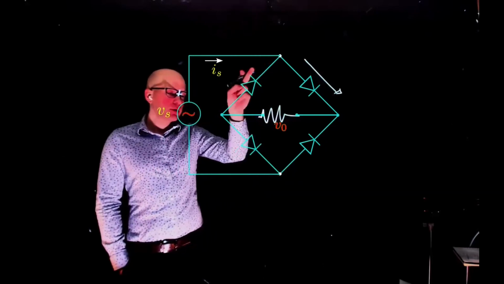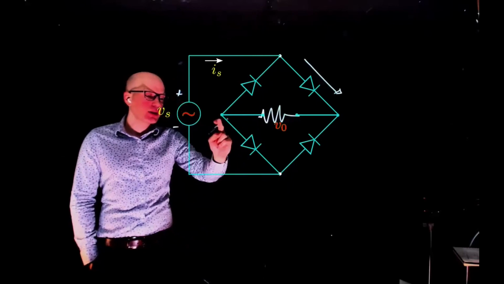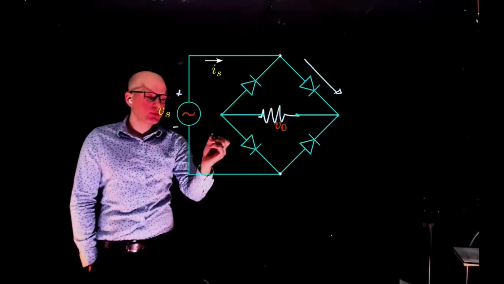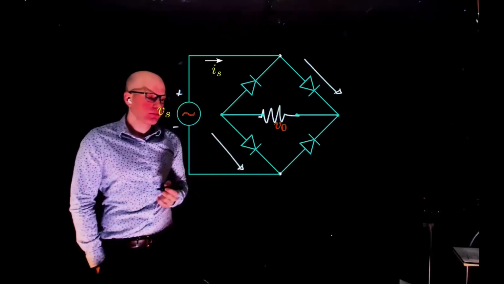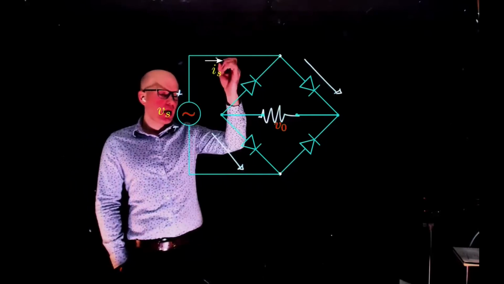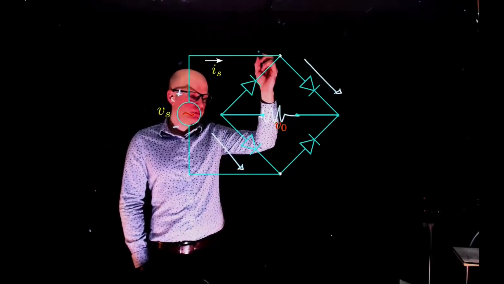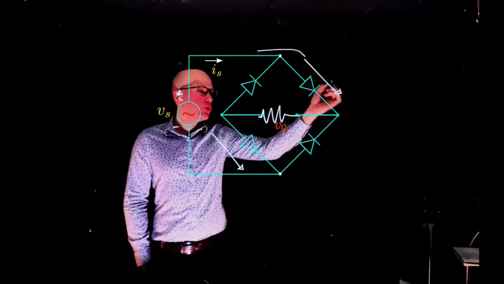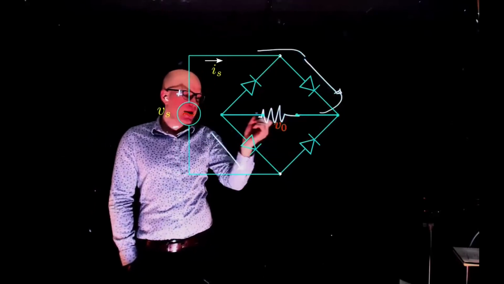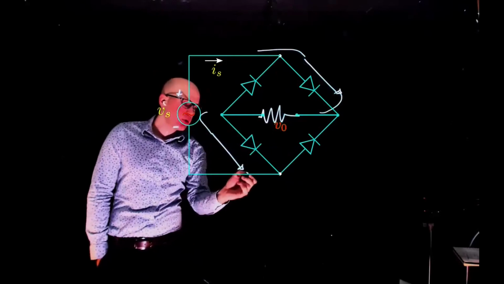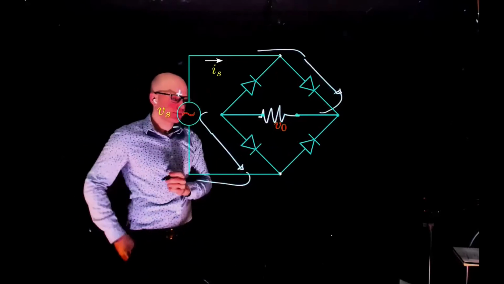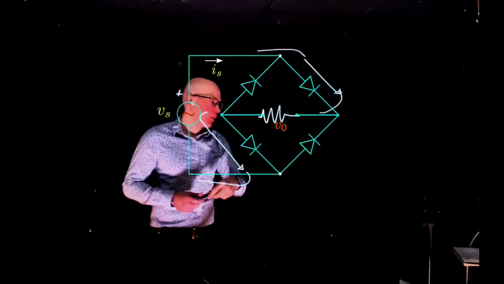This one is reverse biased as well, and this one is forward biased, so current would flow like that. In the positive cycle, the current enters the system here, goes through the load like that, exits here, and goes back to the source. The current goes that way.